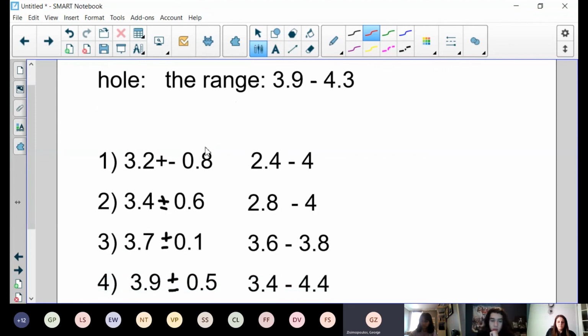Because the hole goes to 4.3, the 3.8 is a little smaller than 3.9. Yeah, exactly. So these two won't work because of this. 2.4, 2.8 is too small.